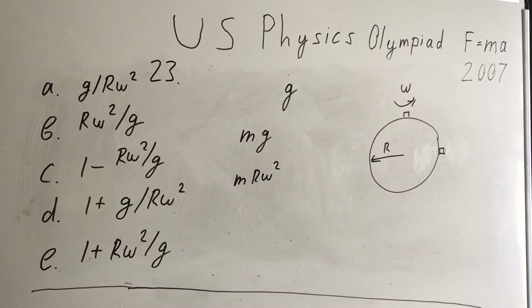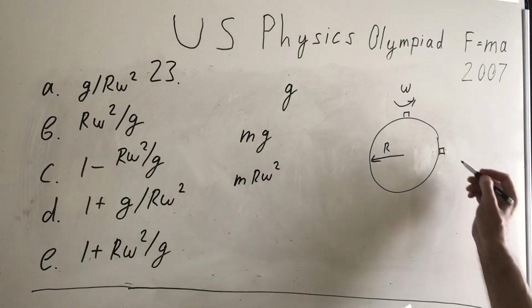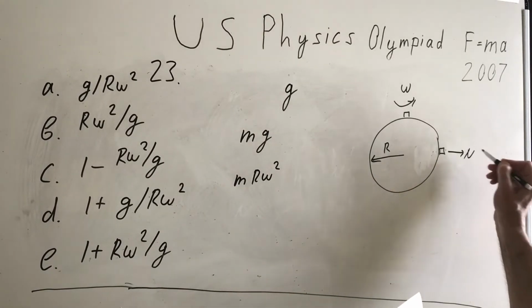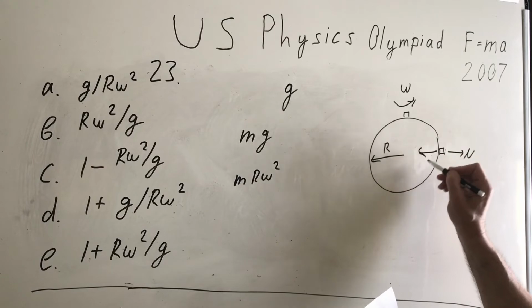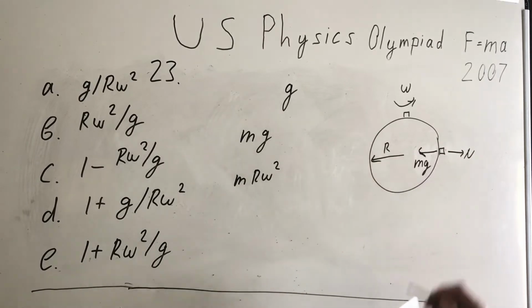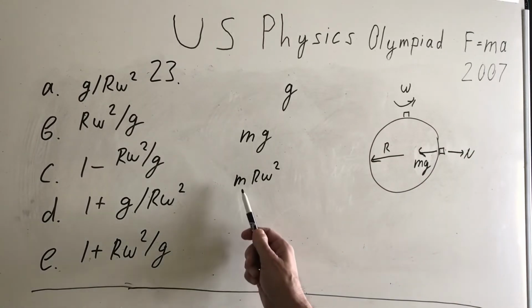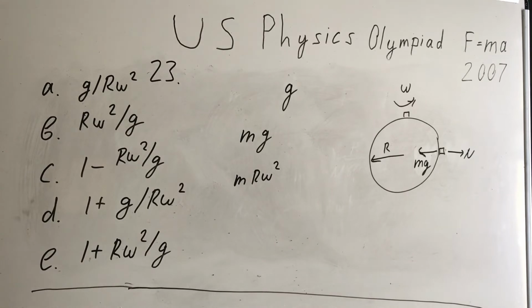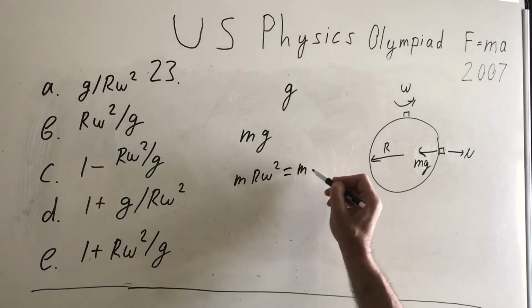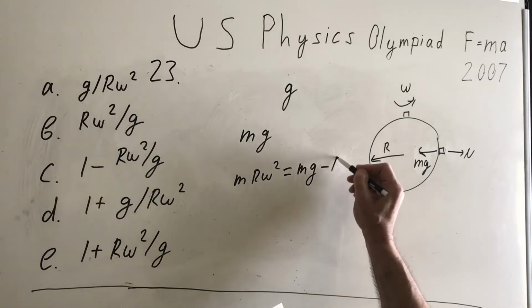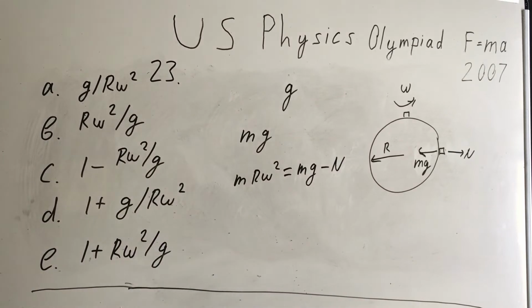and if we have normal force N and gravity force mg, we can say that this force is the result of N and mg. So we have mg minus normal force equal to m r omega squared.